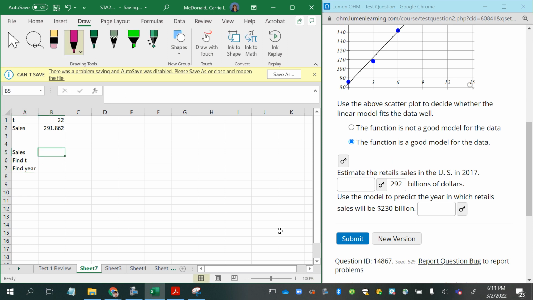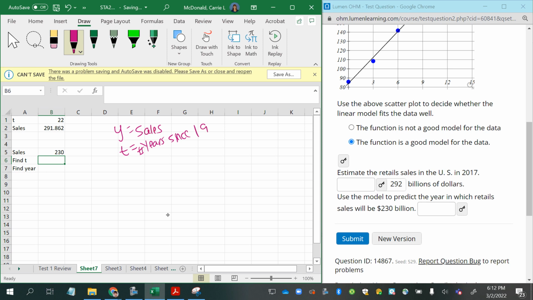Since everything is in billions of dollars, we're just going to use 230. Let's say y is sales, just to make it a little simpler, and t is the number of years.